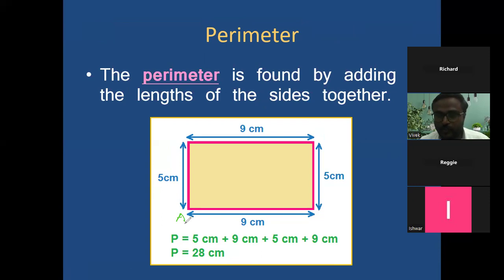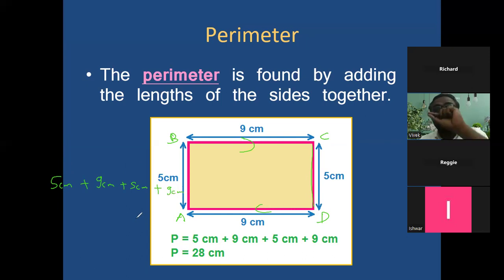If you start running from point A to point B to point C, point D, and then you come back to point A, you need to add all the distances. From A to B, it's 5 centimeters. From B to C, it's 9 centimeters. From C to D, it's 5 centimeters. And from D to A, it is 9 centimeters again.